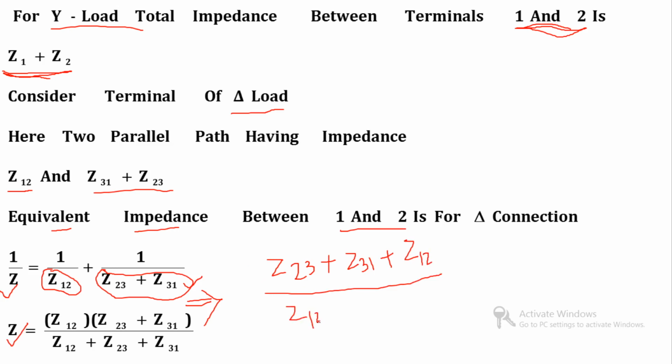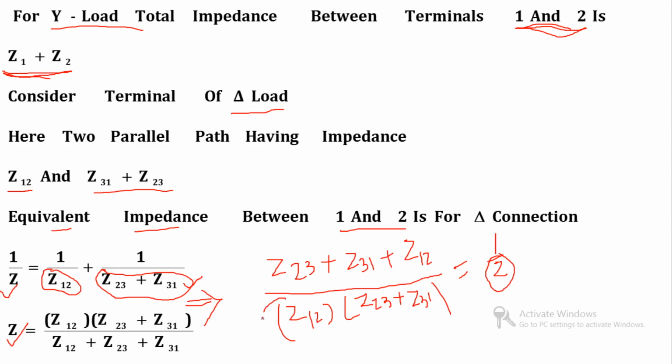and in the denominator it will be Z12 into Z23 plus Z31, and this will be equal to 1 by Z. So to find the value of Z, I have to take the inverse.